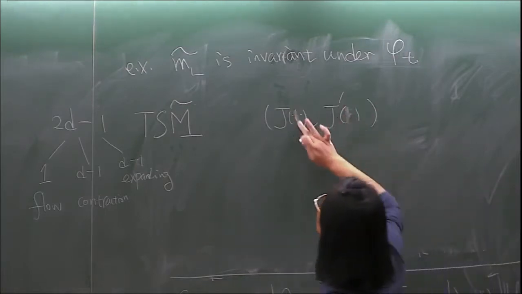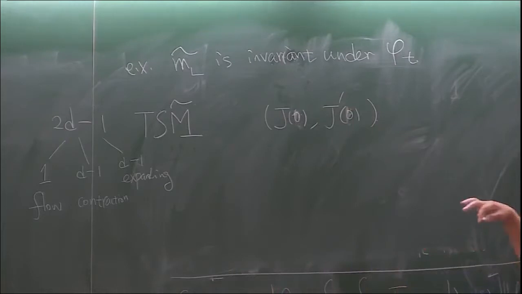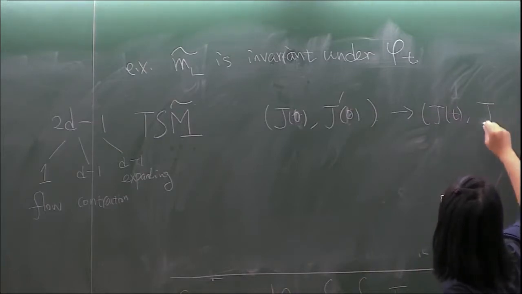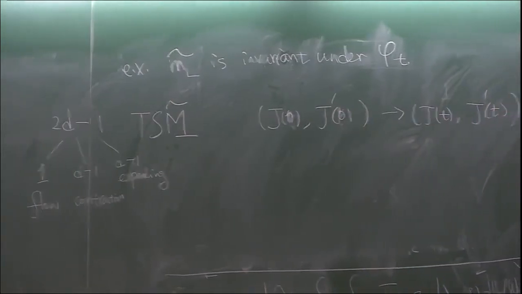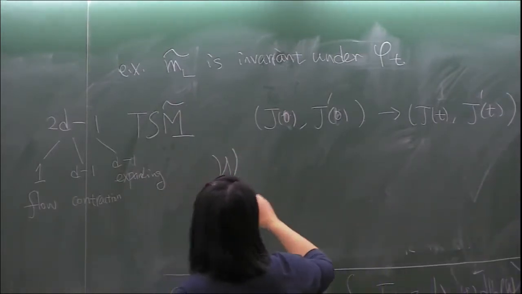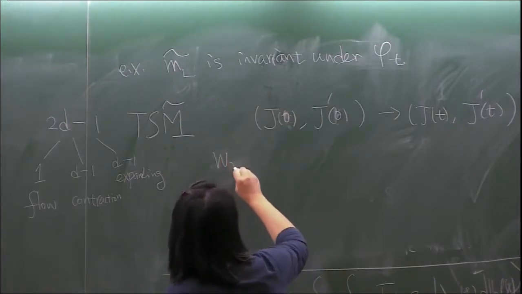The tangent vector at the initial time is this one, so the flow will take this to J(t) and J prime(t). Then it's standard to consider the Wronski symplectic form.